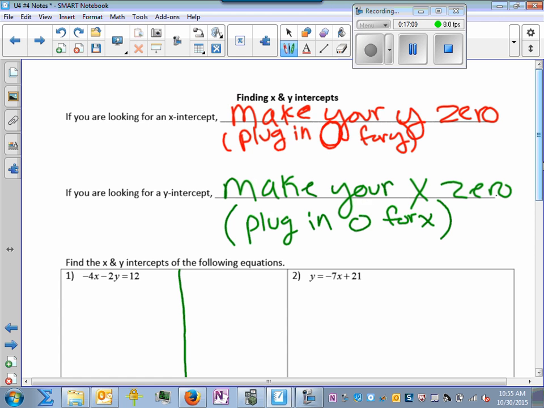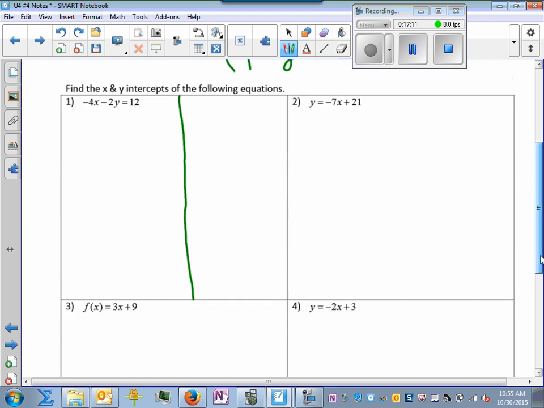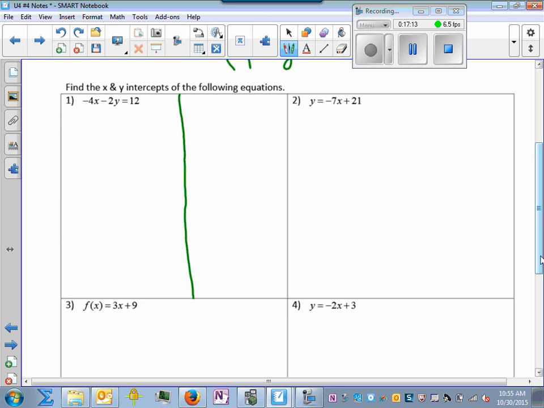So, for number 1, to find my x-intercept, I do my x-intercept first because we always do x first. So, I'm going to write negative 4x on the outside so we have more room. Negative 4x minus 2 times 0 equals 12. What is 2 times 0? 0.